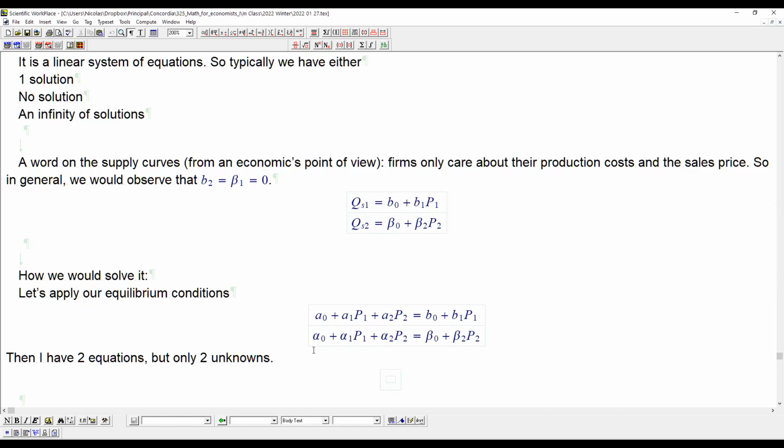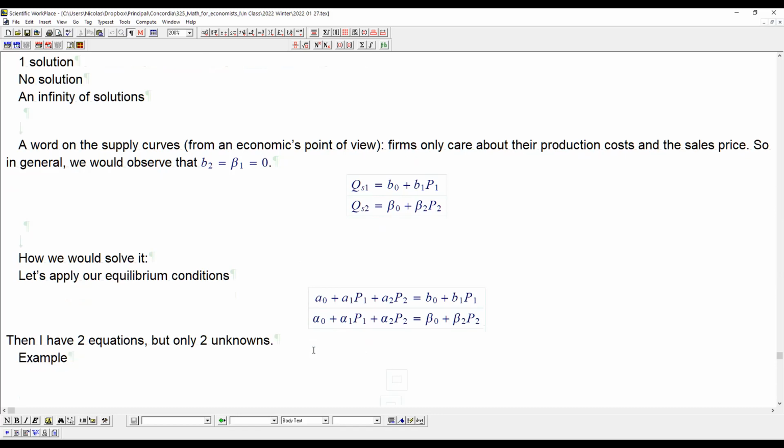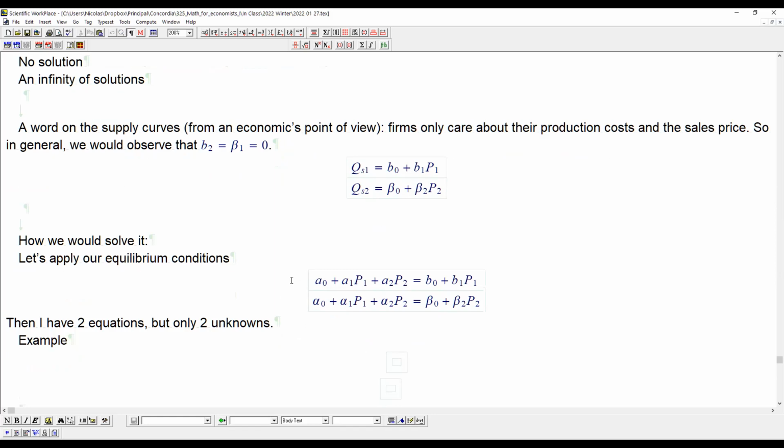So, example. And now take out your pencils and your paper, because you're going to solve it on your own. I'm going to give you some time to think about it.